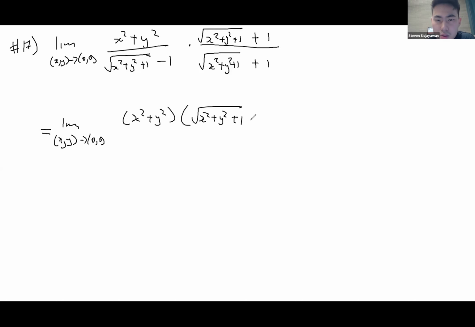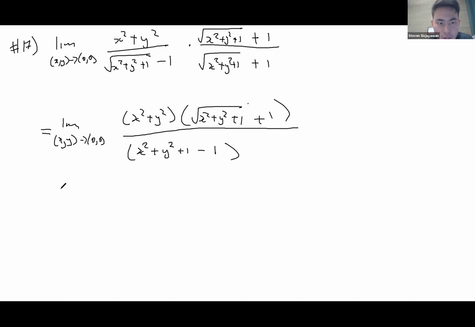And then plus 1 outside. For the denominator, I want to get rid of the radical by multiplying by its conjugate, so I get x squared plus y squared plus 1 in the bottom. Multiplying that out would cancel, and I would have a minus 1 outside.